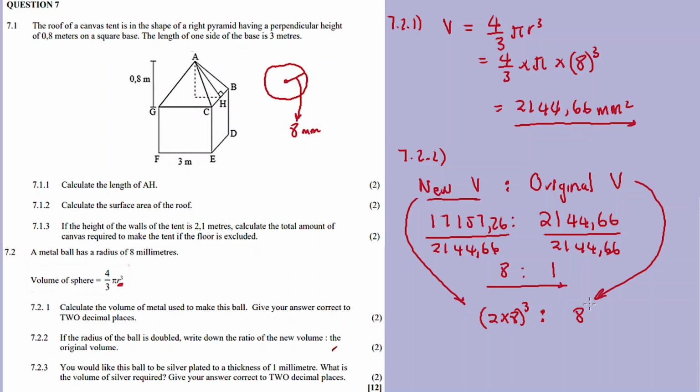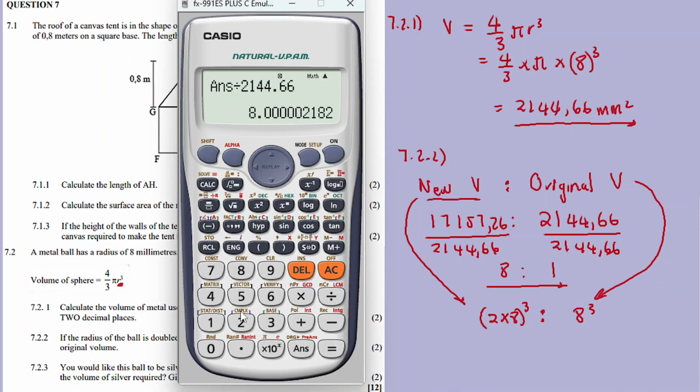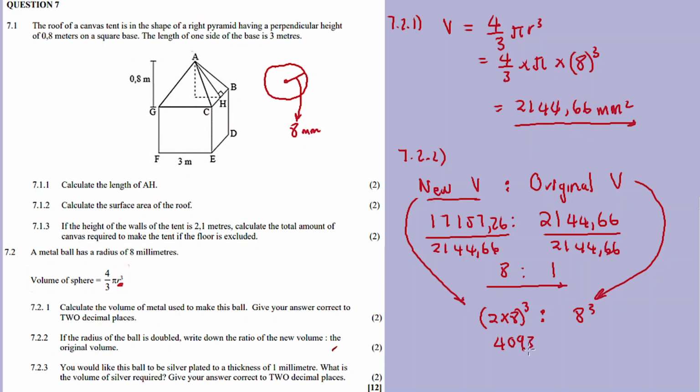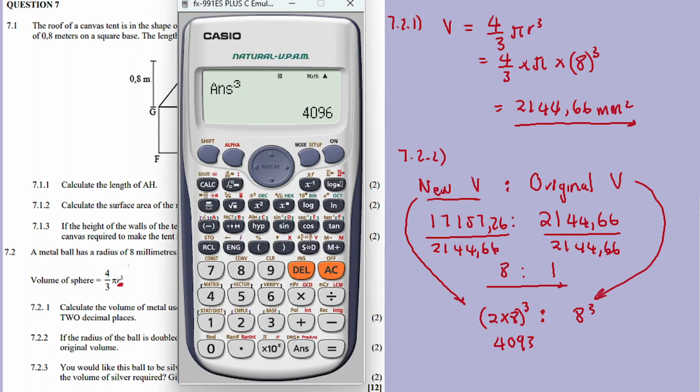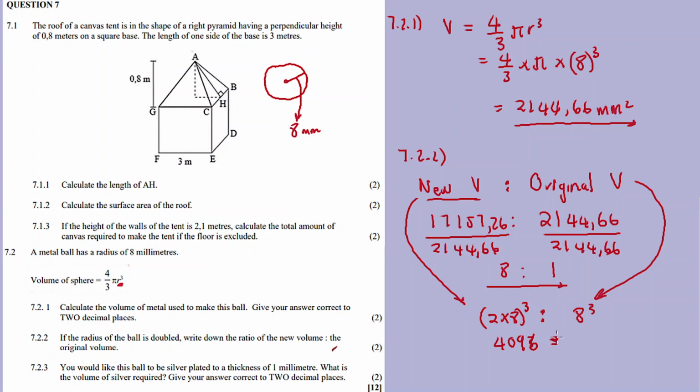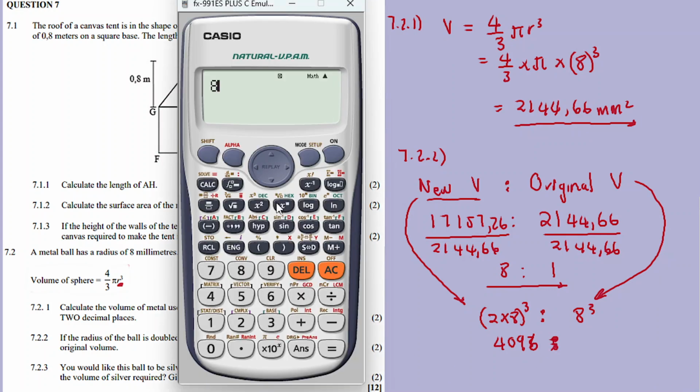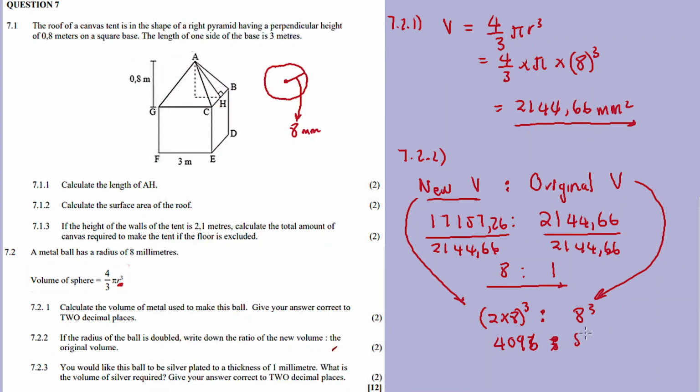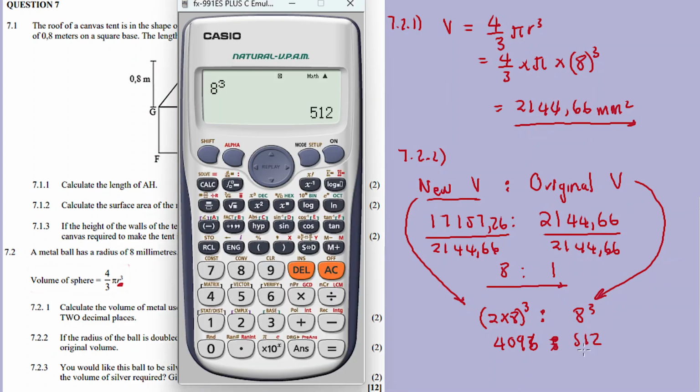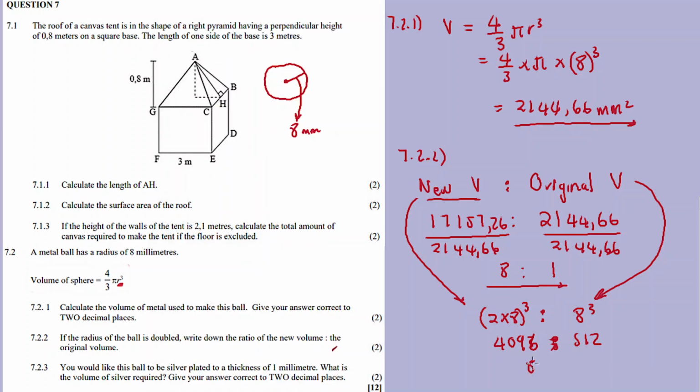So 8 cubed is 512, and 2 times 8 cubed is 4096. Dividing 4096 by 512 again gives 8.